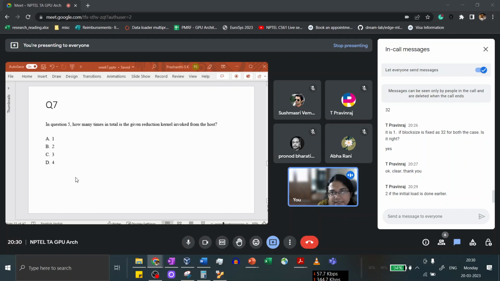Yeah, we assume still that it's the same reduction kernel where the initial load is done earlier. So, okay, your answer is 2. Anyone else? We'll wait for another few seconds and then look at the answer.